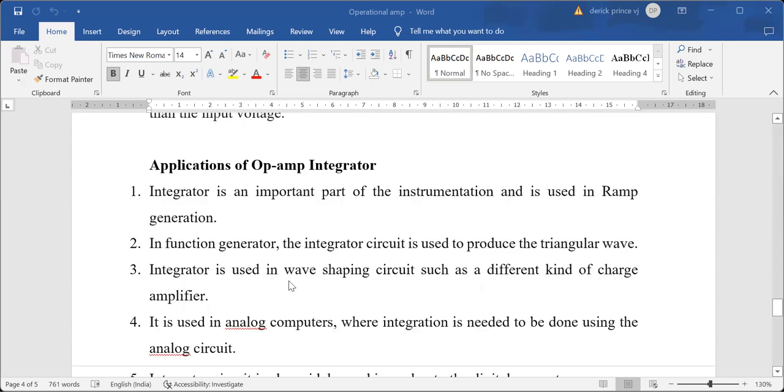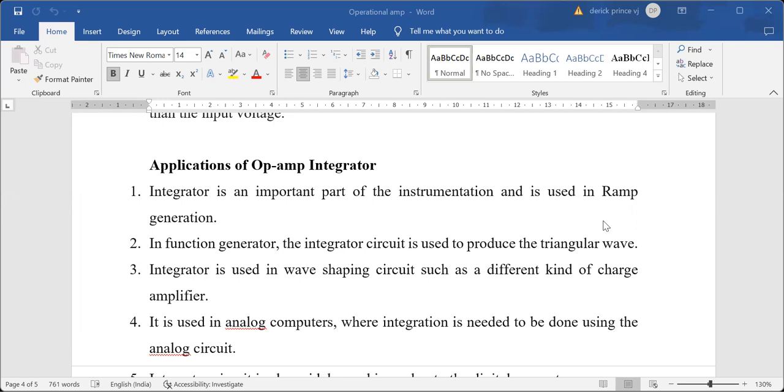Applications of op-amp: the integrator is an important part of instrumentation and it is used in ramp generation. A ramp is one form of signal. In a function generator, the integrator circuit is used for triangular waves.